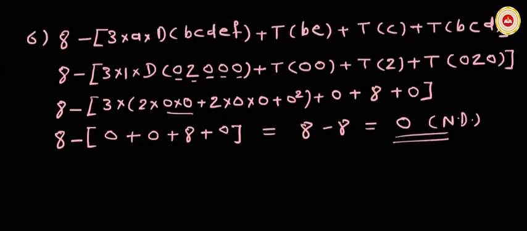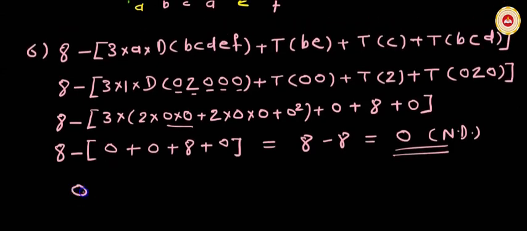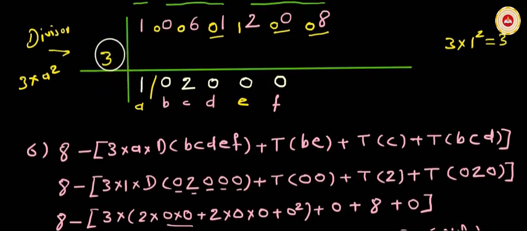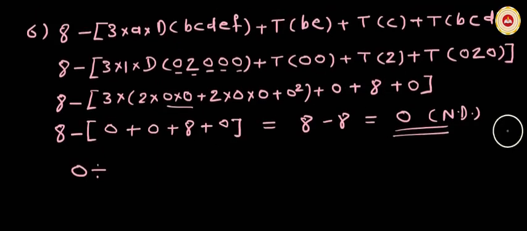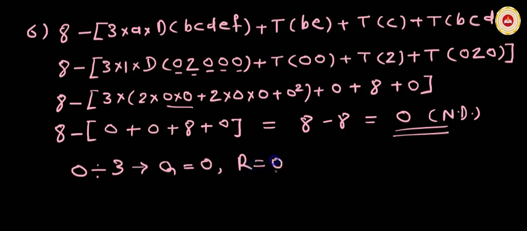So let us divide this net dividend 0 by the divisor. What is the divisor? 3. So let us divide by 3, which gives us quotient 0, remainder 0.